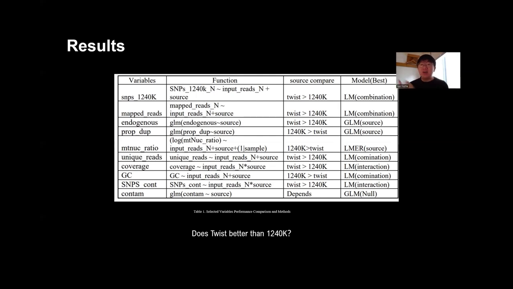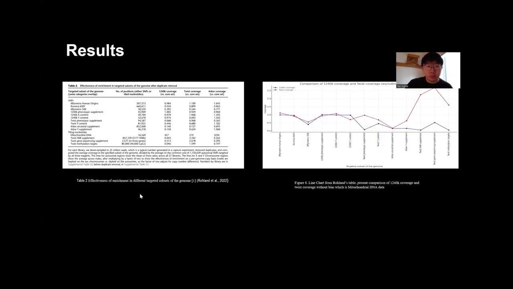You can see 1240K is bigger than Twist in GC, but this shows the 1240K method actually is not as good as Twist, because it has a connection with the bias. So I have to do more research and maybe implement some more variables to figure out what other factors could make 1240K better than Twist.